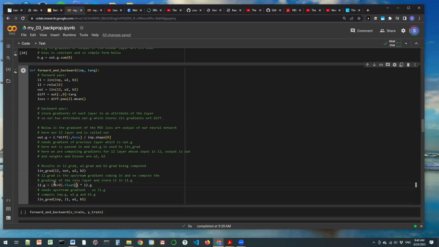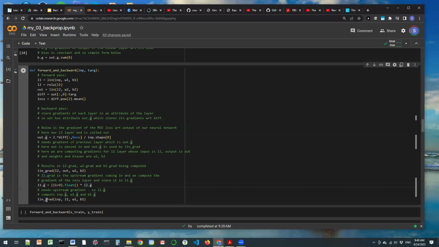So L1.g is basically L1 greater than 0, as float. Then remember the upstream gradient coming into it is L2.g. So we multiply the internal gradient of the ReLU by the upstream gradient, and that's what my comment says.